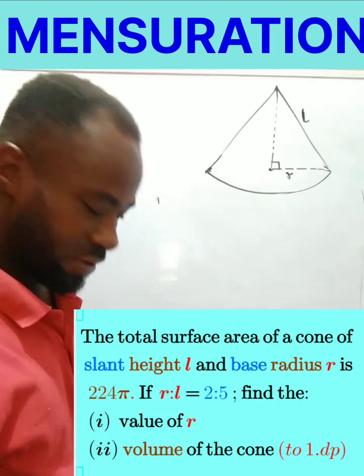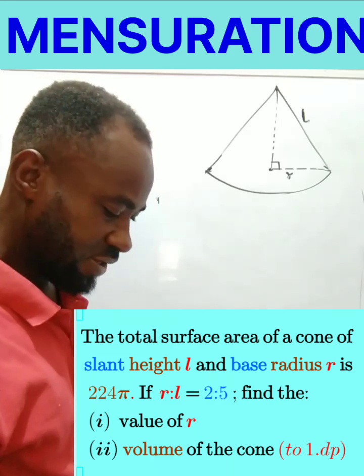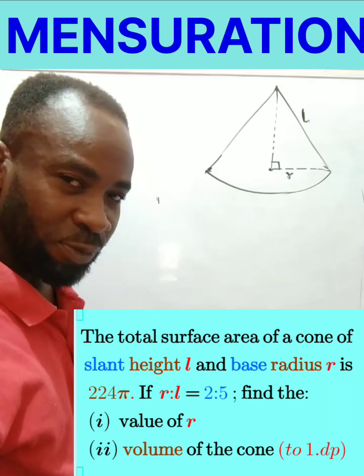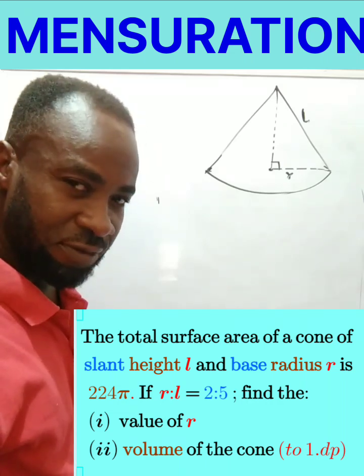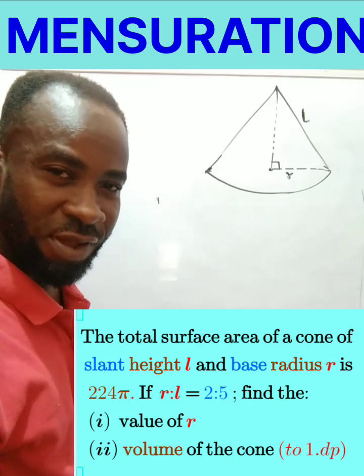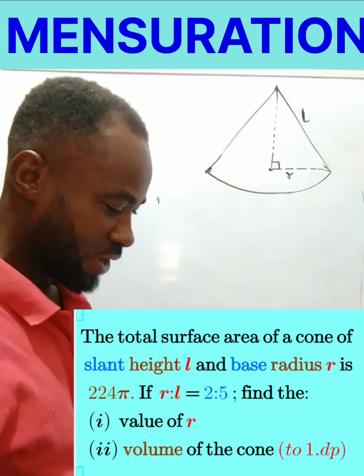Now, if the ratio of R and L is equal to 2:5, find 1, the value of R, then 2, the volume of the cone. So this is the question we're going to answer now, okay?